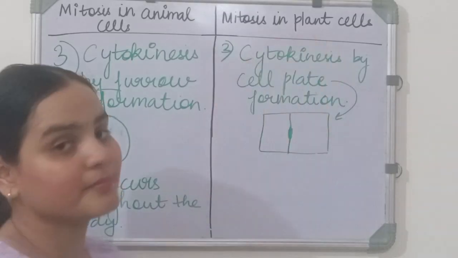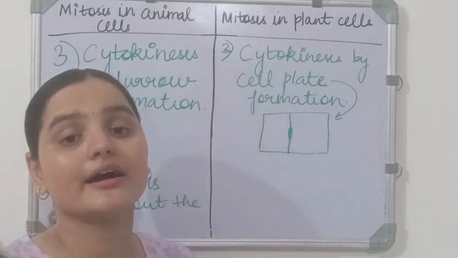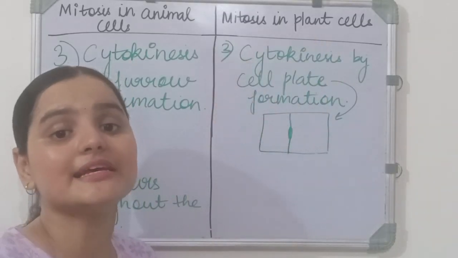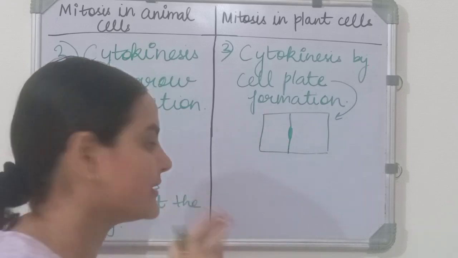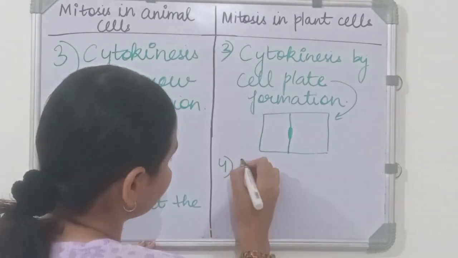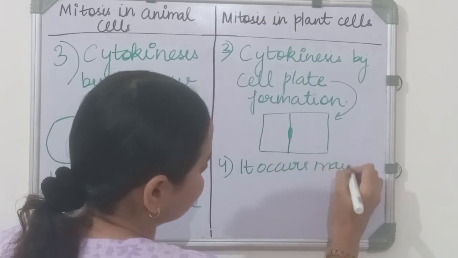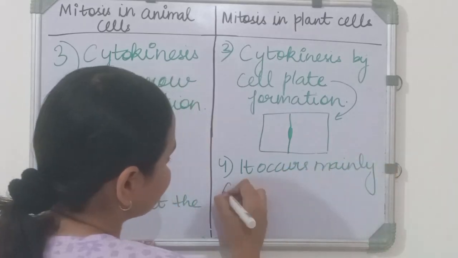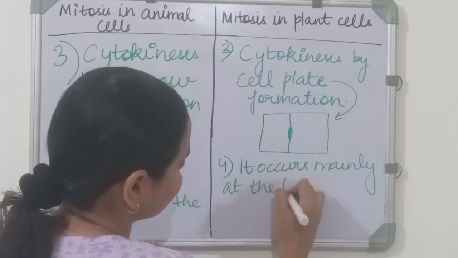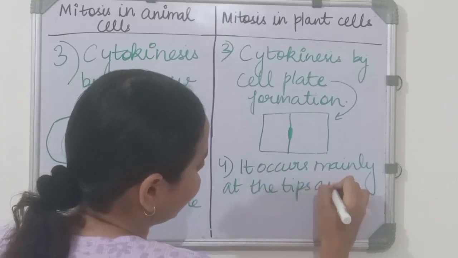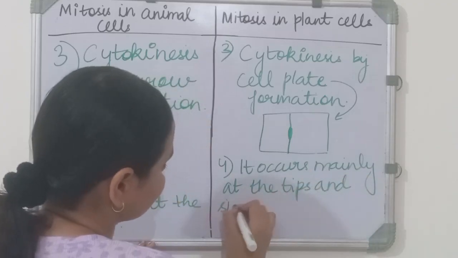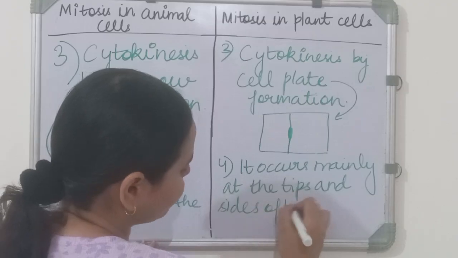While in case of plants, mitosis occurs mainly at the tips and sides of the plant.